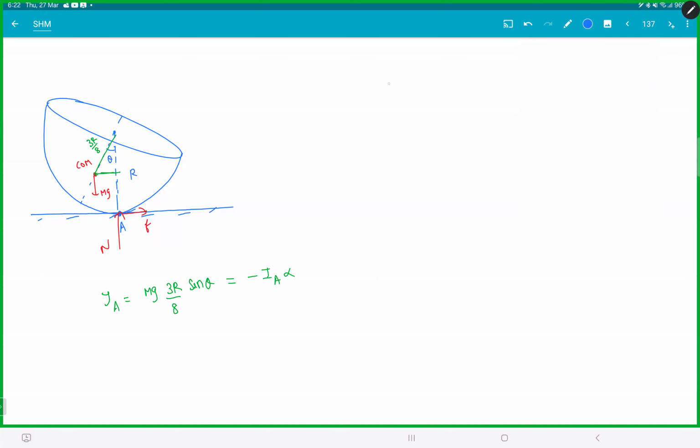But understand, this thing is actually a very small oscillation. Theta is very small. So if this was the center, A is almost this only. We can just ignore the distance there. We can almost say they're almost same. So we can take this as center of mass.